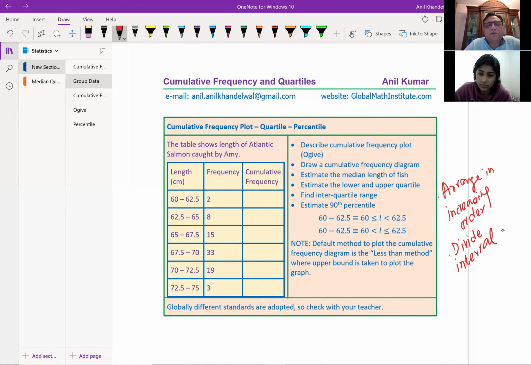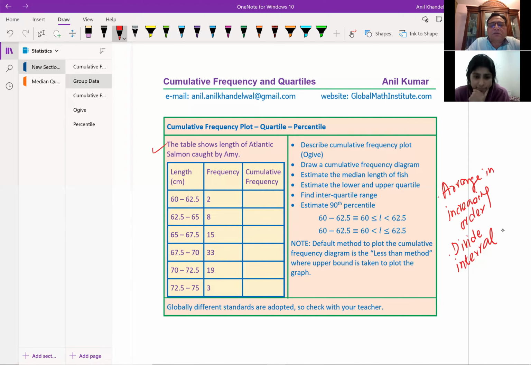In this particular case, it is very similar to the example which we took. Can you please read this question here? The table shows the length of Atlantic salmon caught by Amy. Great. I love to be a fisherman. What I did was group them into different groups.